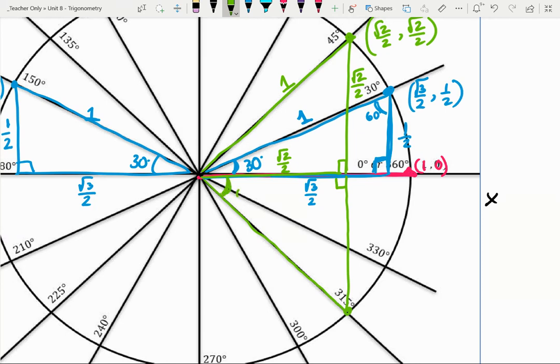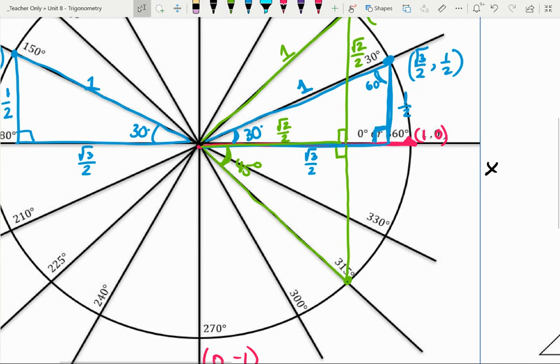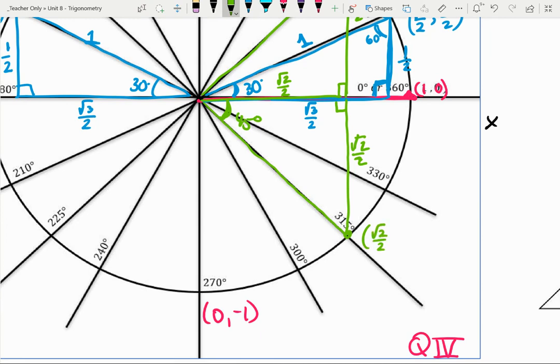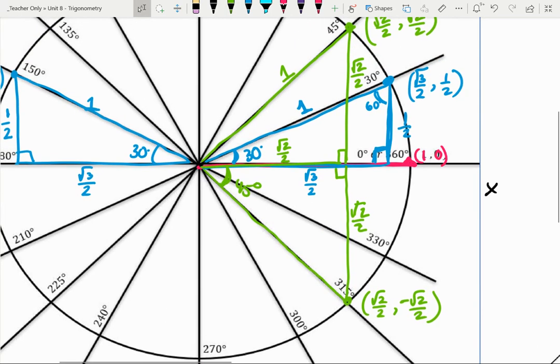So if this angle here is 45 degrees, then we have the same leg lengths. We have square root 2 over 2 for the horizontal, and square root 2 over 2 for the vertical, but this time it's going down. So our x value is still square root 2 over 2, but our y value is going to be negative square root 2 over 2 because it's going in the negative y direction.